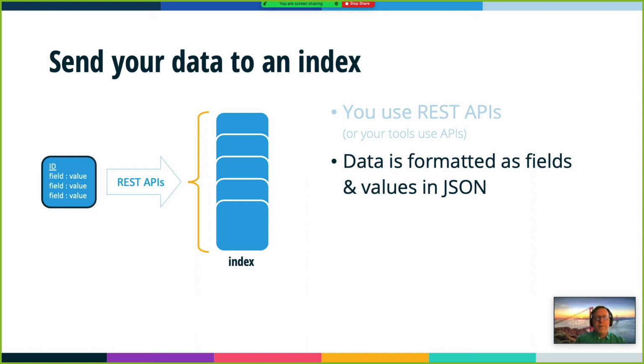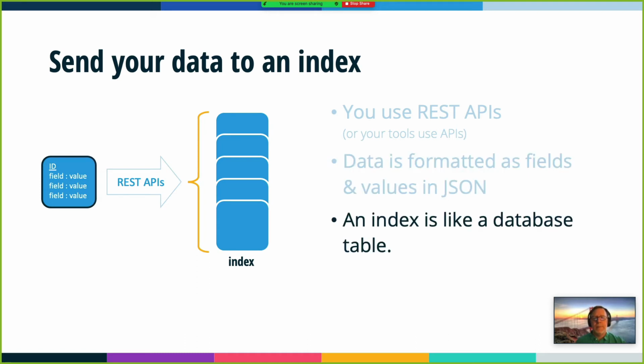So fields and values in JSON are like the columns and cells. Next one. And so we've made this analogy that the index is like a database table. Having made it, I'm going to caution that just like OpenSearch is not a relational store, an index is not exactly a database table. And we'll get into some of the ways that it differs next slide.